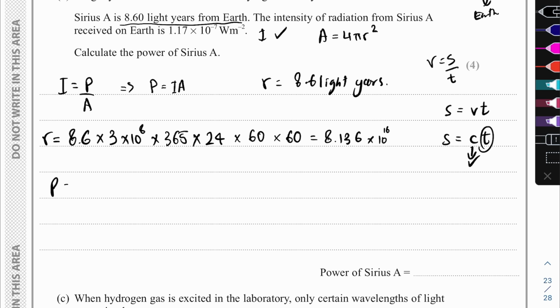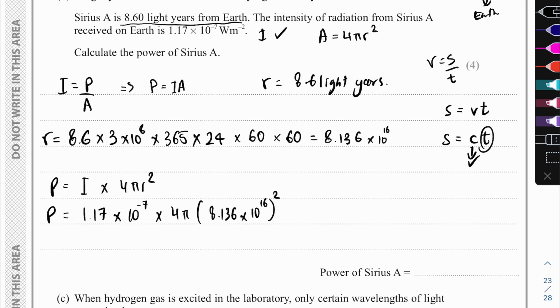So now we can get power equals I multiplied by 4 pi r squared. So P equals 1.17 multiplied by 10 to the power of negative 7 multiplied by 4 pi, and r is 8.136 times 10 to the power of 16, squared. Let's input this into the calculator.